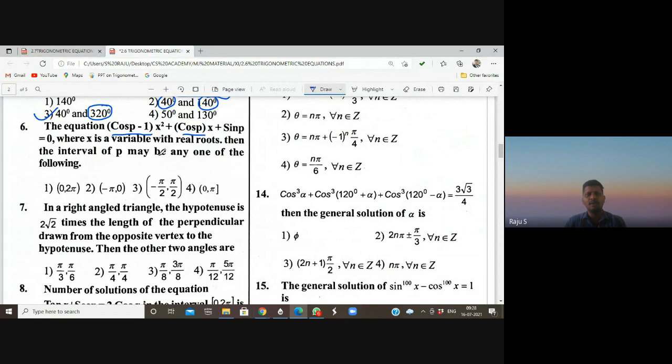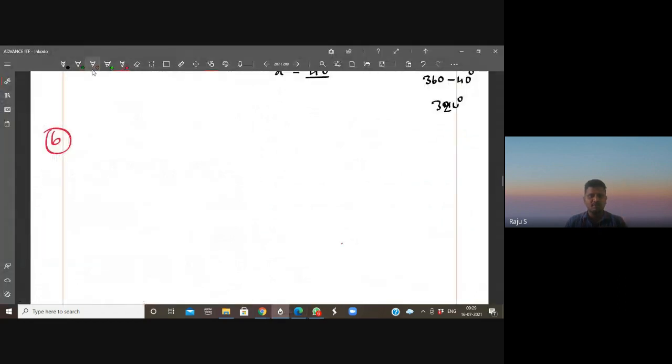So clearly it is a quadratic equation where x is a variable with real roots. Here, these are real roots. Then the interval of p may be any one of the following, right? So can you tell me what is the equation they gave?